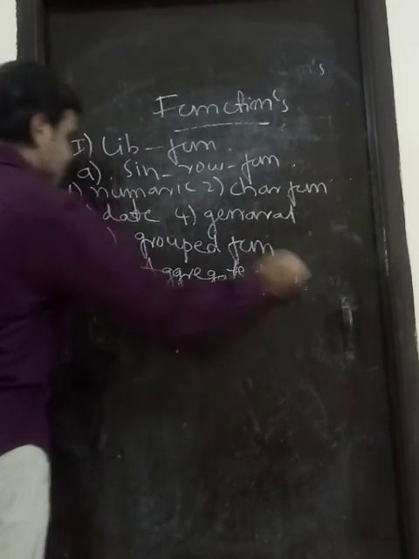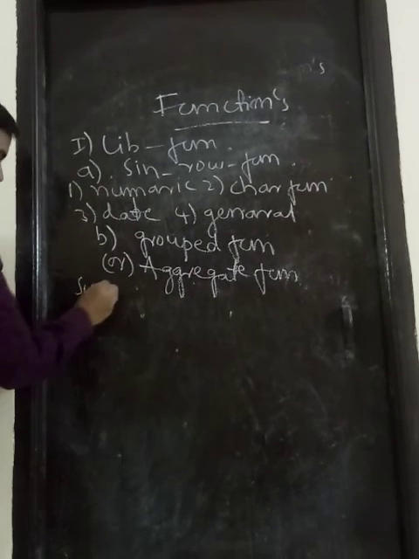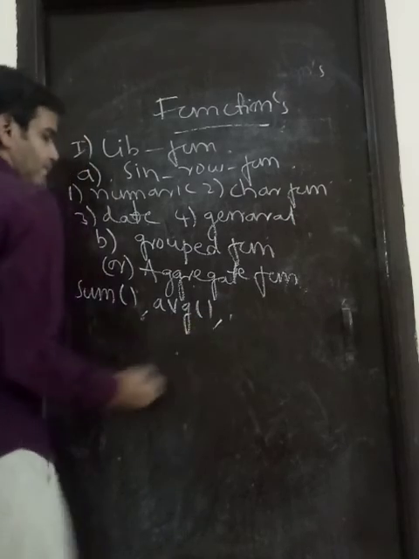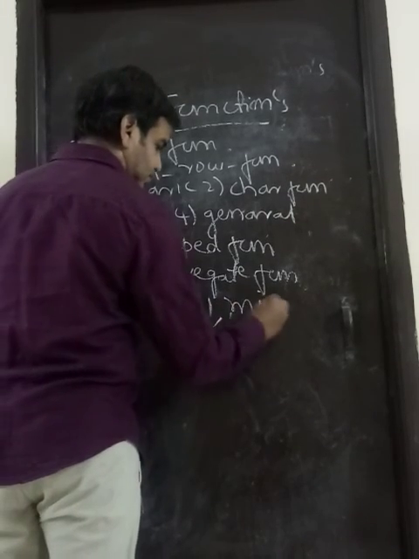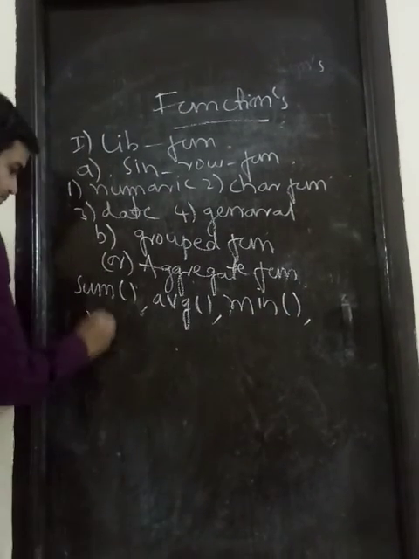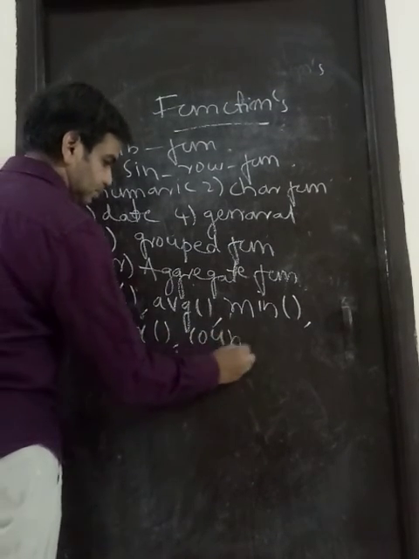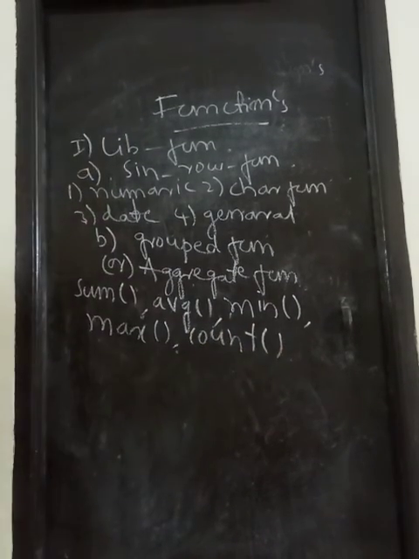So the grouped functions are sum, average, minimum, maximum, count. So these are the grouped functions.